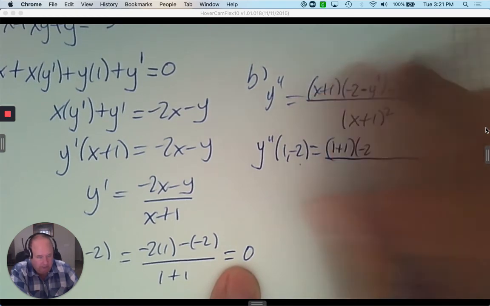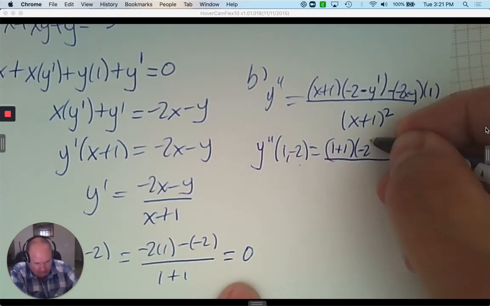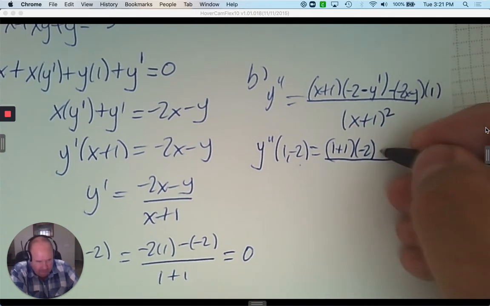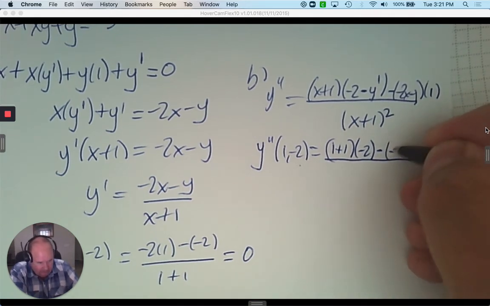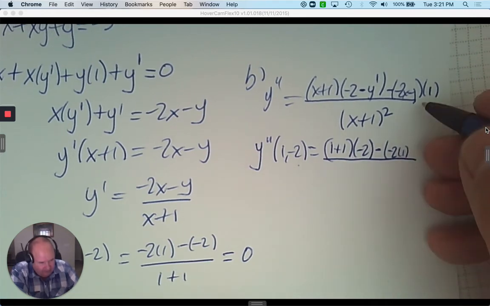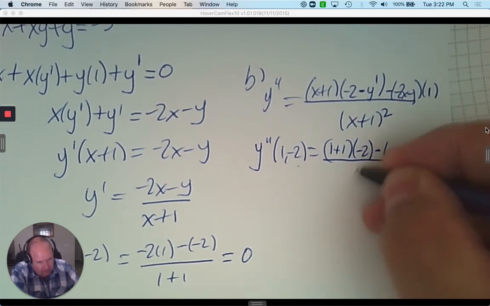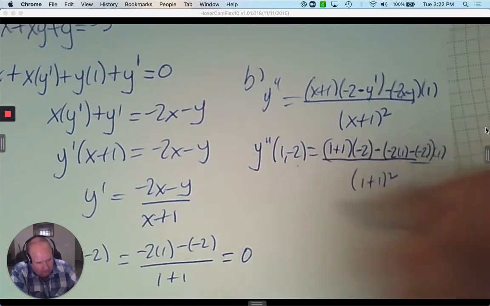So we're going to plug 0 in for y prime. So that's just negative 2 then. Minus negative 2 times 1. And then a negative and a negative 2. All over 1 plus 1 squared.